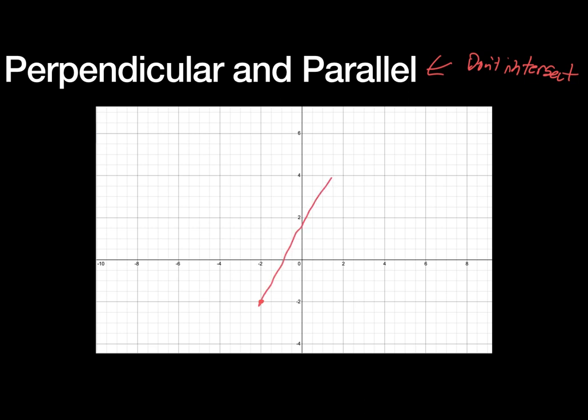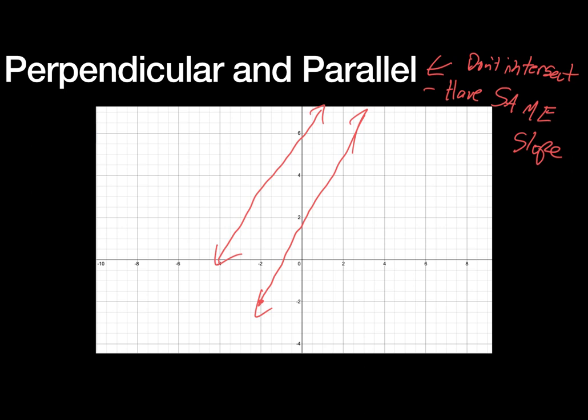Go like this, and like this, sort of, not super great. But if I did them correctly, parallel lines have the same slope, notice the all caps. So if I have 2 equations of 2 lines, and I put them in slope-intercept form, if the m is the same, I have parallel lines.